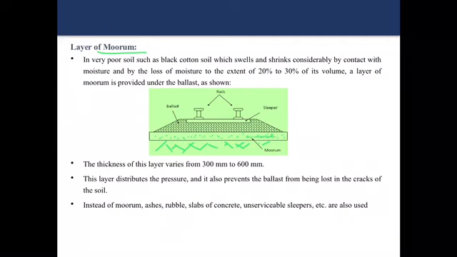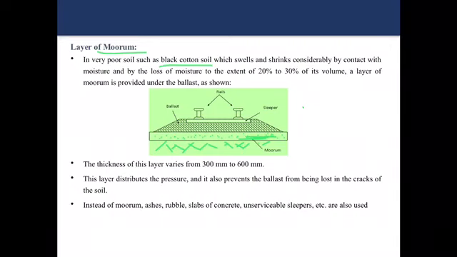Once this muram formation is ready, the formation will be ready to take the further track components. This method is especially suitable whenever you have black cotton soil. We all know what the property of black cotton soil is.